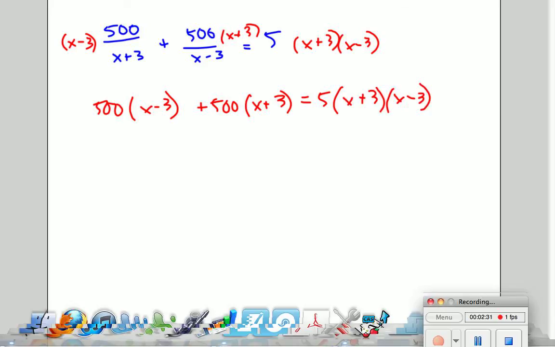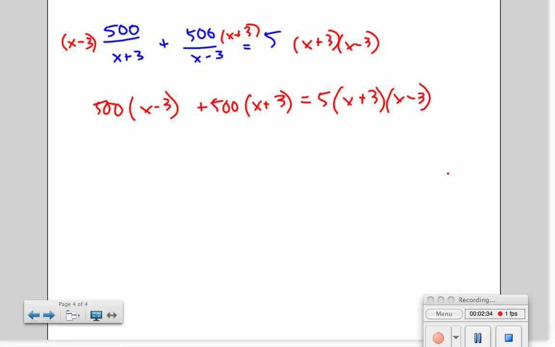All right. So now we have to distribute the 500, and that gives us 500x minus 1500 plus 500x plus 1500 equals 5 times, special patterns, x squared minus 9.